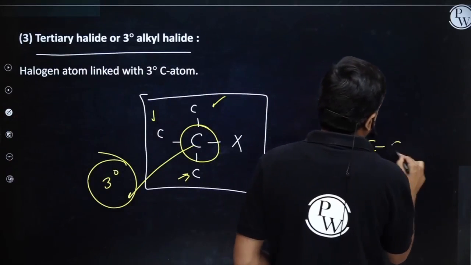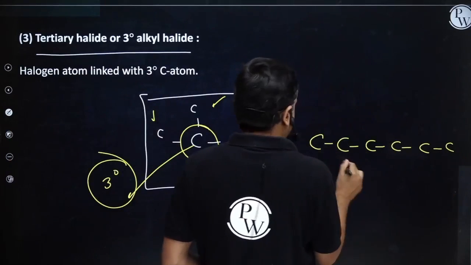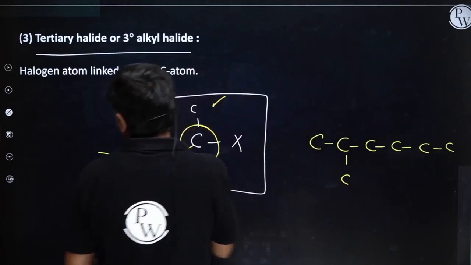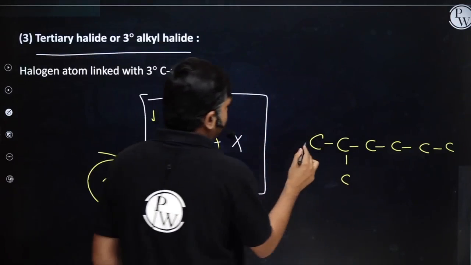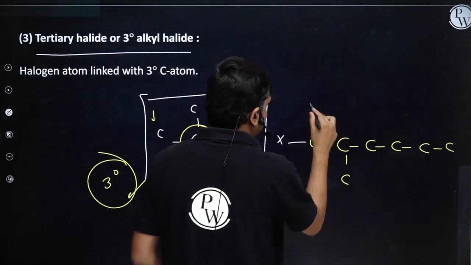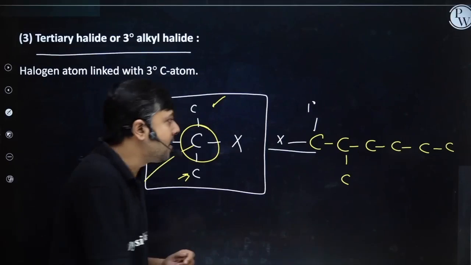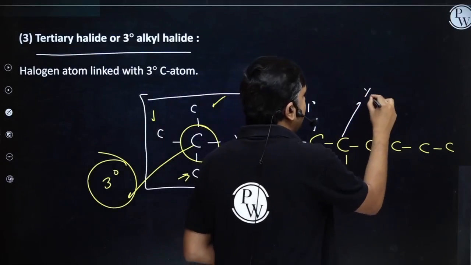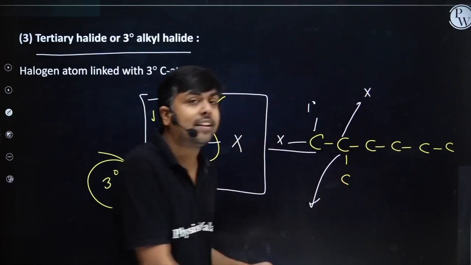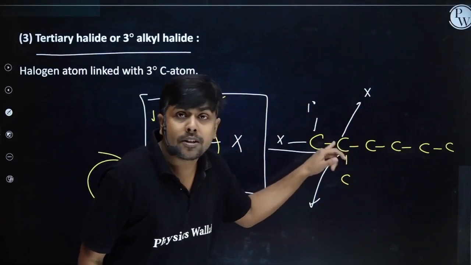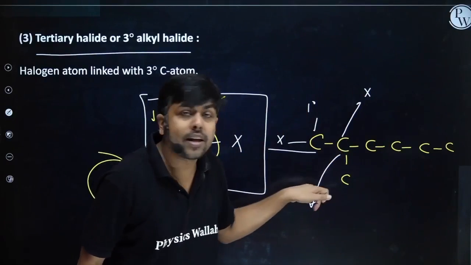Let's talk about this particular thing. Okay. If halogen is connected to this one, this carbon is your 1 degree carbon, it will be referred to as primary alkyl halide. If halogen is connected to this carbon, it will be referred to as 3 degree alkyl halide because this carbon is a tertiary carbon connected to 3 carbons.